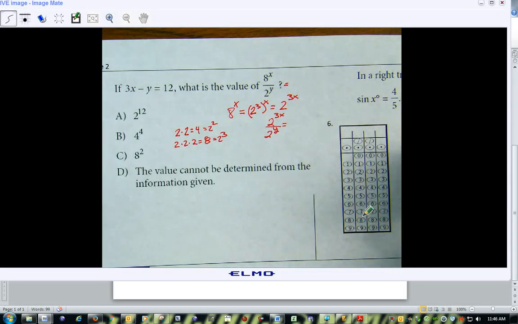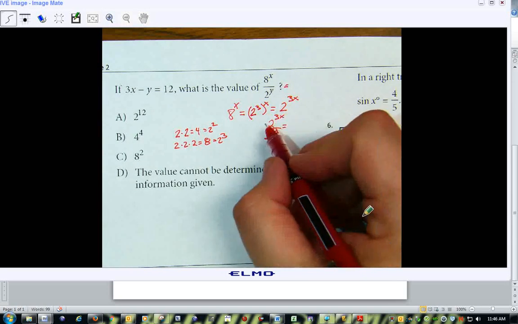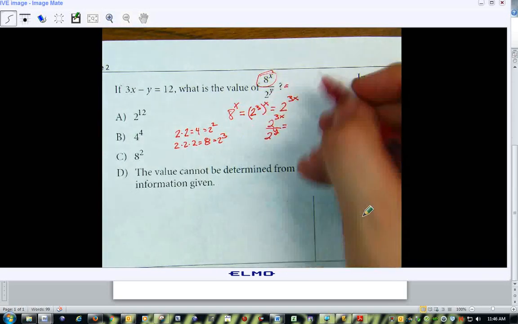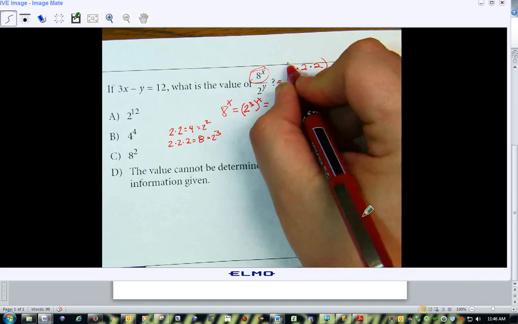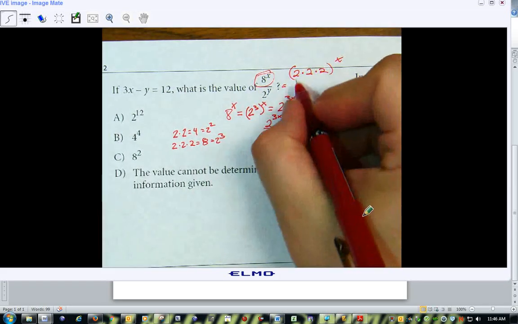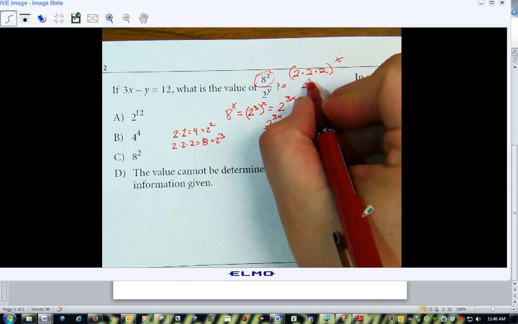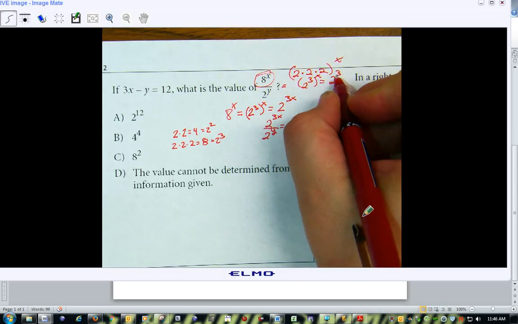All I did is I took this and said, this is really 2 times 2 times 2, all raised to the x power. And then I said, all right, that really means 2 cubed raised to the x power, which is 2 to the 3x power. Over 2 to the y, because that's what the expression actually is.